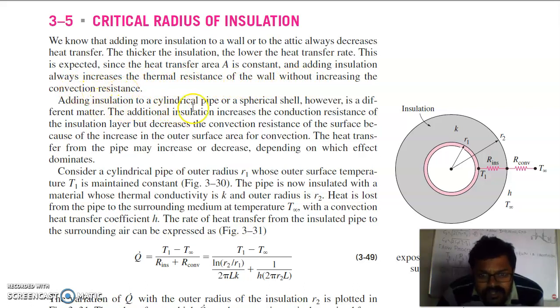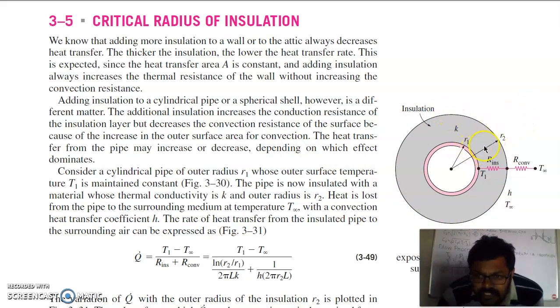Adding insulation to a cylindrical pipe or a spherical shell, however, is a different matter. The additional insulation increases the conduction resistance of the insulation layer but decreases the convection resistance of the surface because of the increase in the outer surface area for convection. Because you can see when you add the insulation, this area will be more with the thickness.